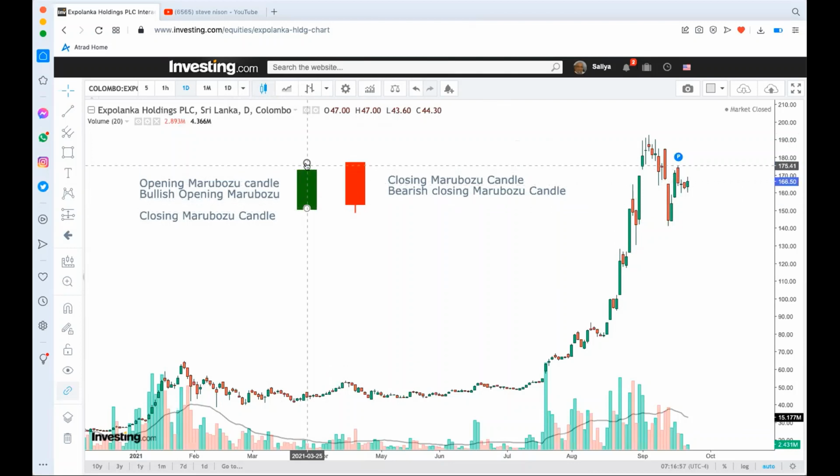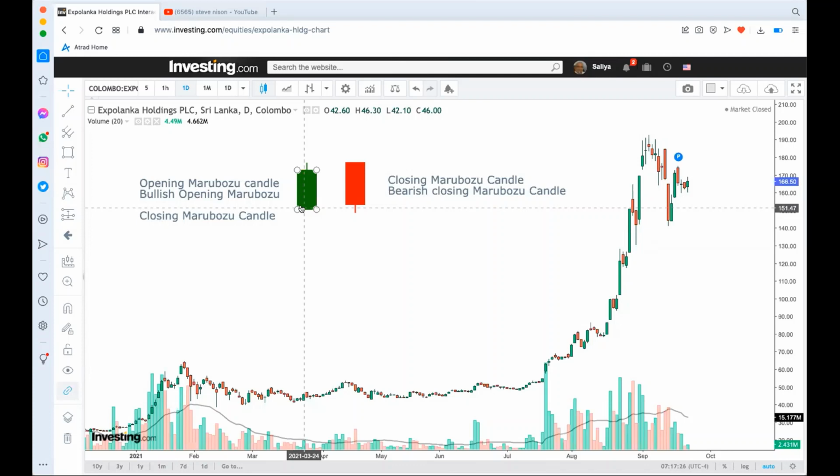That is the entire range. As we go on with these patterns, you will realize why the entire range is important. In this range, when you see a formation of a Marubosu candle, you might see that there is a breakout.